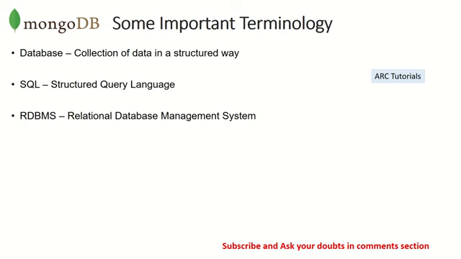The second term you should understand is SQL. SQL means structured query language. The concept of RDBMS came, which is relational database management system, where you have entities defined and they have a fixed relationship structure, which is tables: rows and columns.